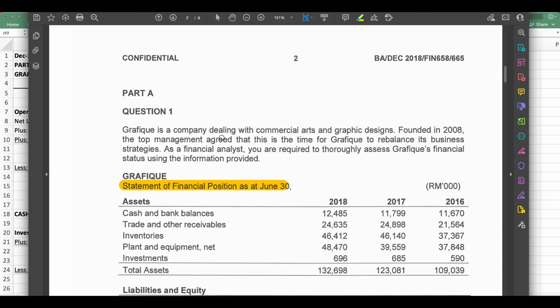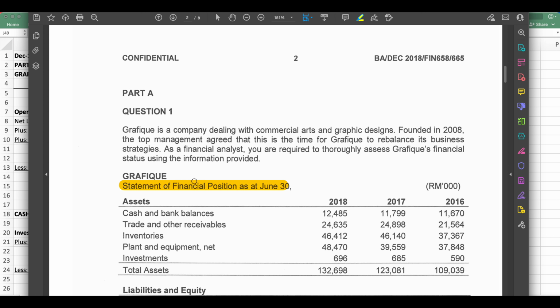Graphic is a company dealing with commercial arts and graphic designs. Founded in 2008, the top management agreed that this is the time for Graphic to rebalance its business strategies. As a financial analyst, you are required to thoroughly assess Graphic's financial status using the information provided.